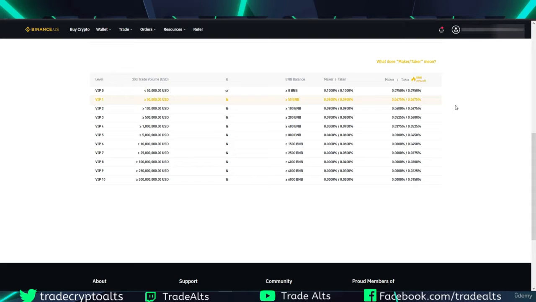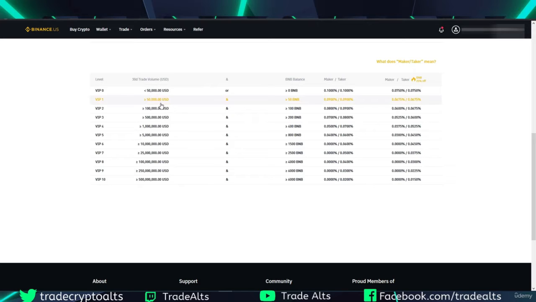So that's really important. Now you can see, and this is why it's highlighted, I'm VIP 1 tier, and I was VIP 2 tier, but I sold some of my BNB. To be VIP 1 tier, you have to have greater than $50,000 in trading volume, and this is over 30 days, a rolling 30-day period.